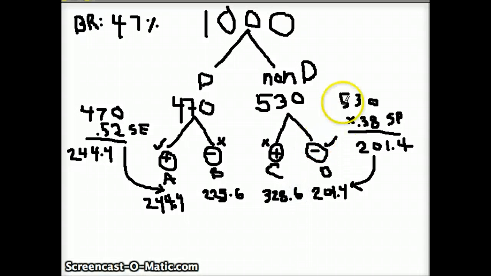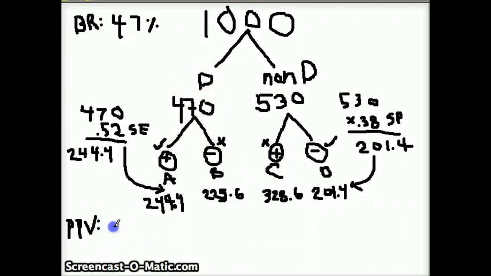At this point, it is quite easy to calculate the positive predictive value, which is what you need for number 7. Positive predictive value, if you'll remember, is the probability that you will have the disease if you test positive.